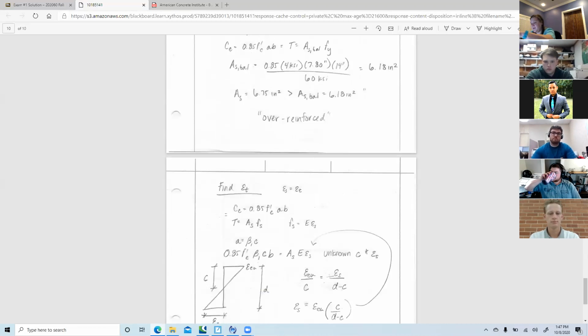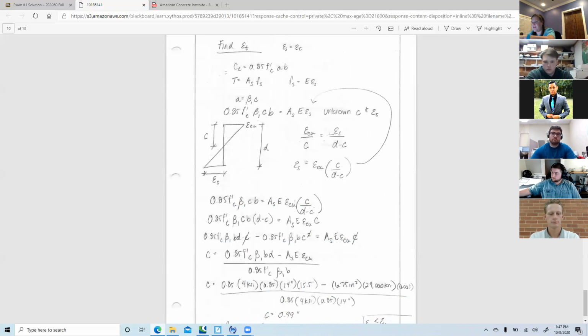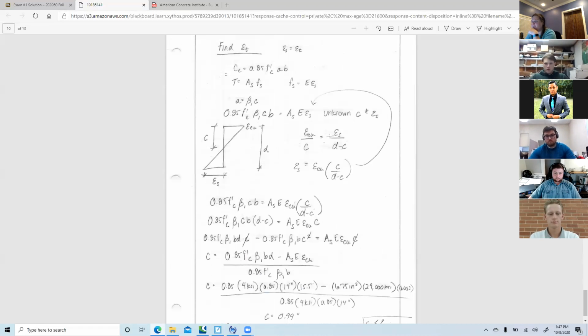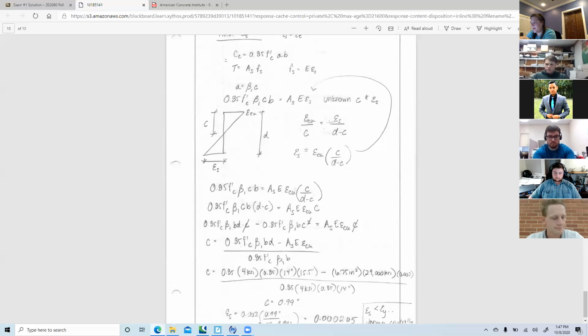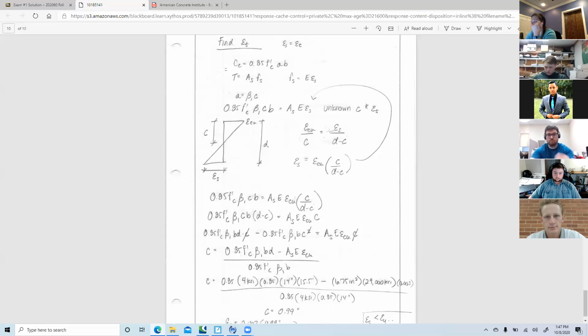So when you come down to calculating the strain in the steel, everybody got that it was less than the yield strain and compression controlled, but they based that off of an equation where they put Fy in there.